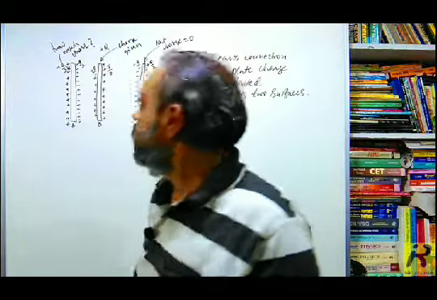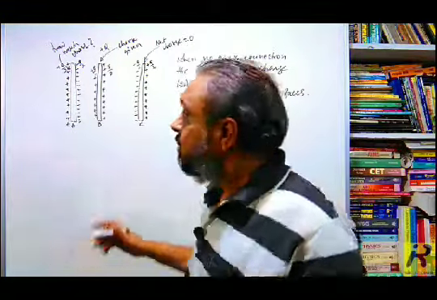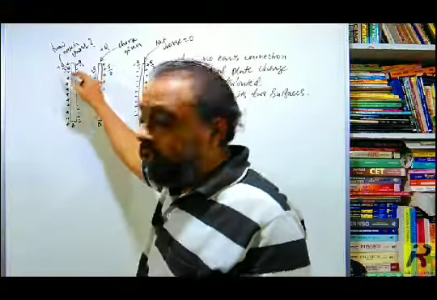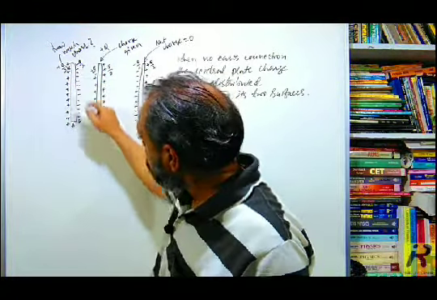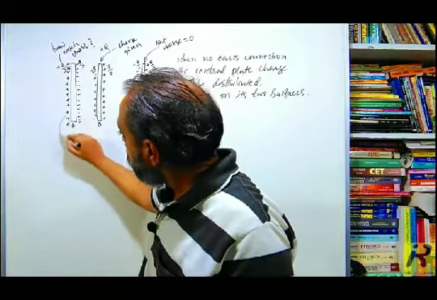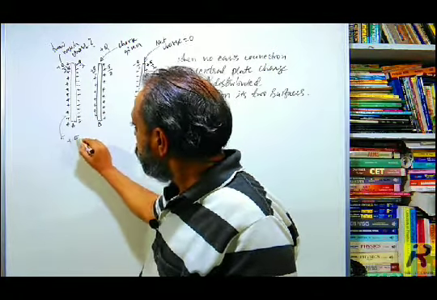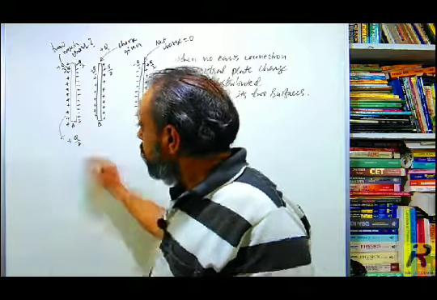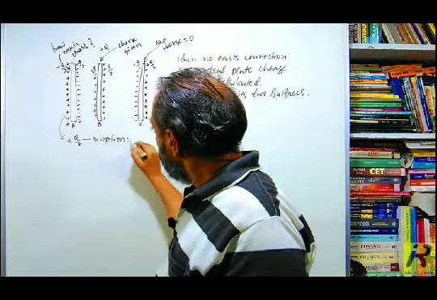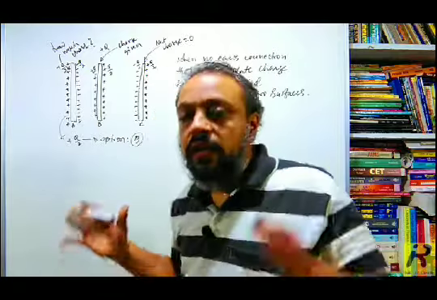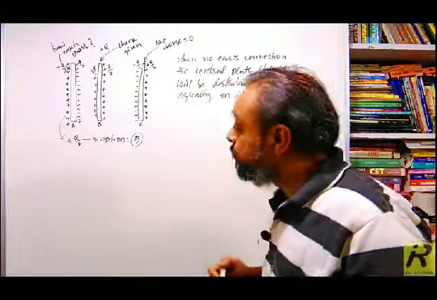This is exactly what I needed: the charge accumulated on the outer surface, that is the leftmost surface of this plate, is plus Q by 2. This is correctly said in option B. This is how we have to understand.